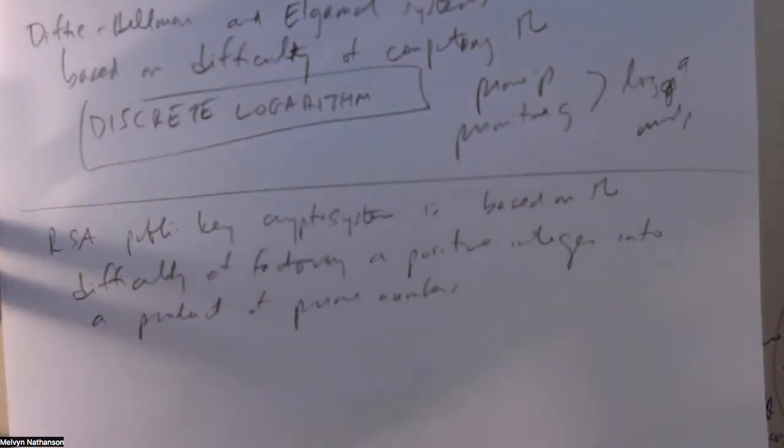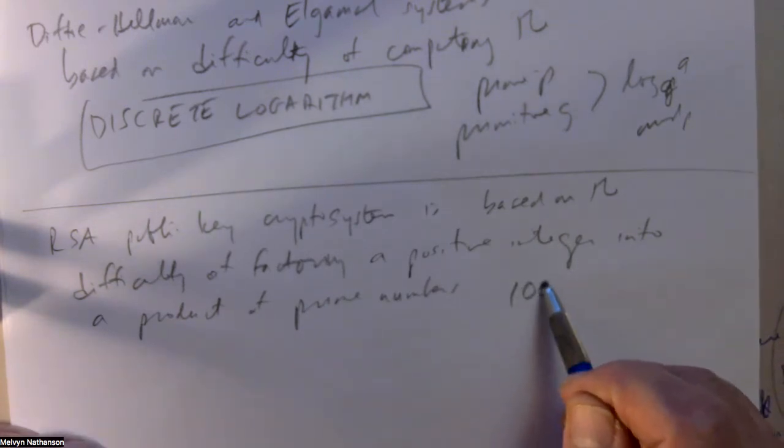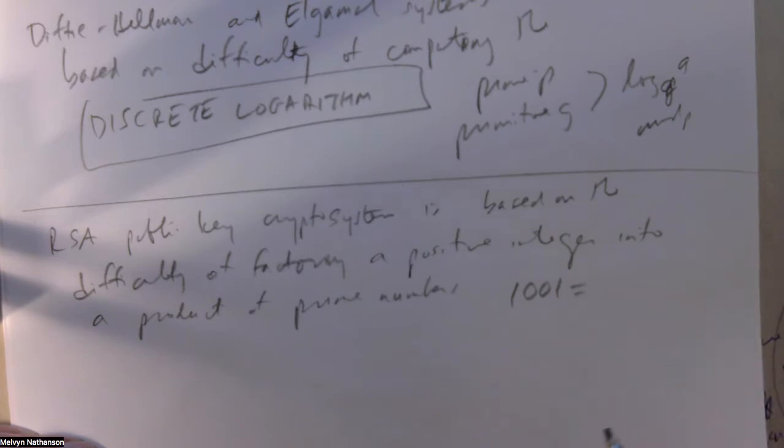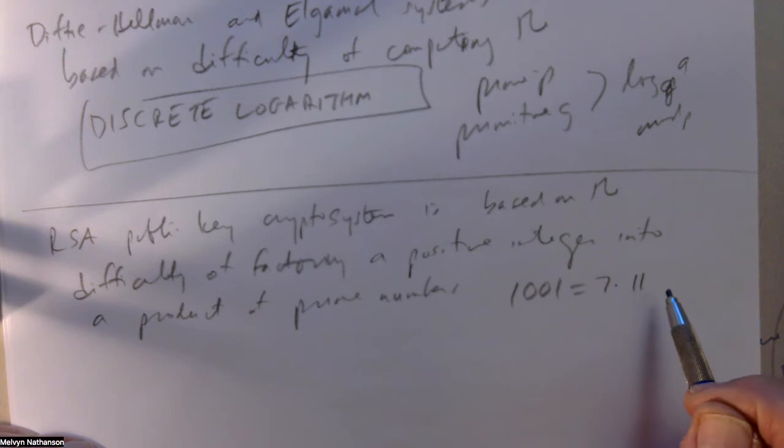Now, for small numbers, it's not hard. You can do it by hand or on the computer. For example, if I give you the number 1001, you can factor that. I think that's 7 times 11 times 13.